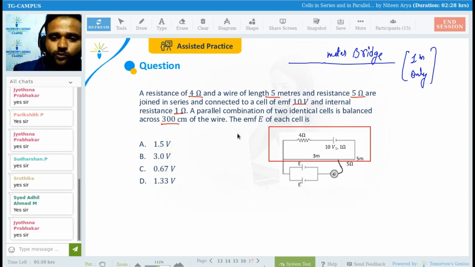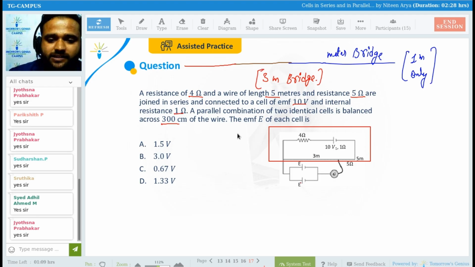Either you can understand it in this way, or you can understand that instead of meter bridge, we have 3 meter bridge. So now tell me the answer. You need to find the EMF of each cell, means EMF of any cell.